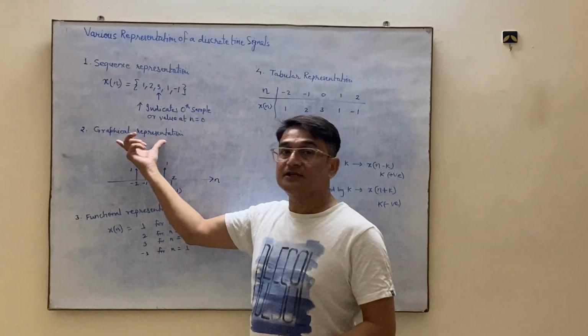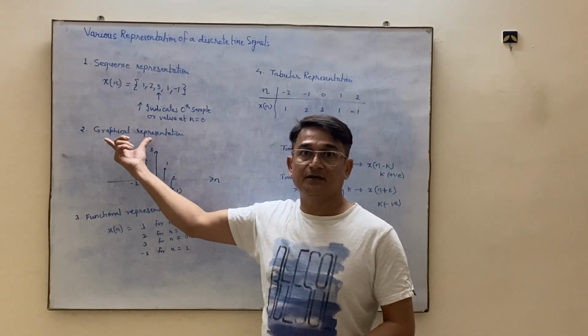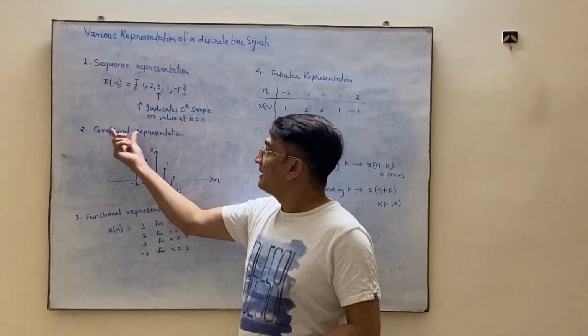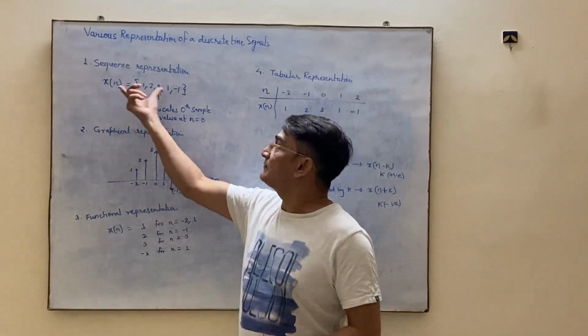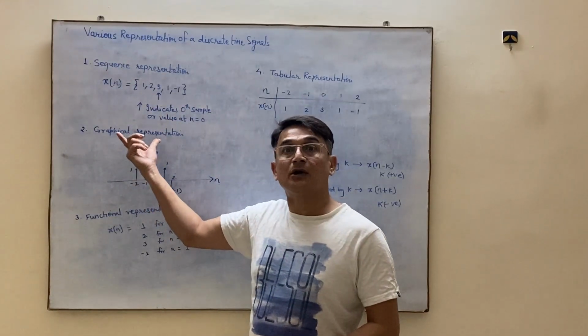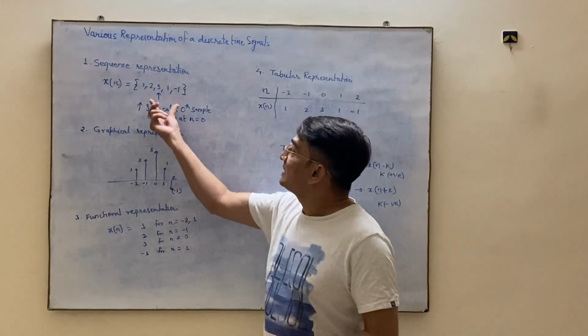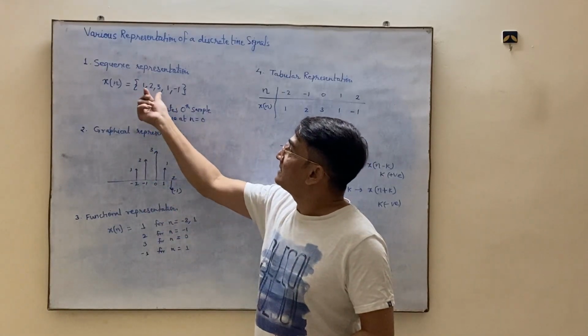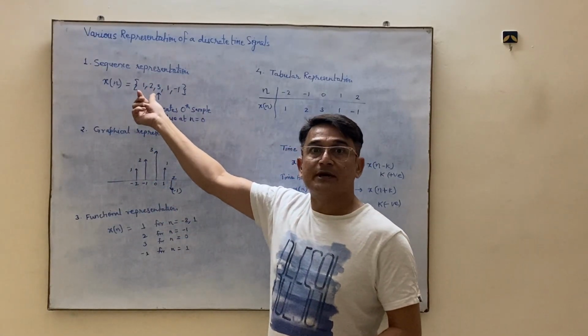The next representation is known as graphical representation. As the name suggests, you have to plot a graph of the sequence or signal. As you can see, this 3 belongs to n equal to 0.